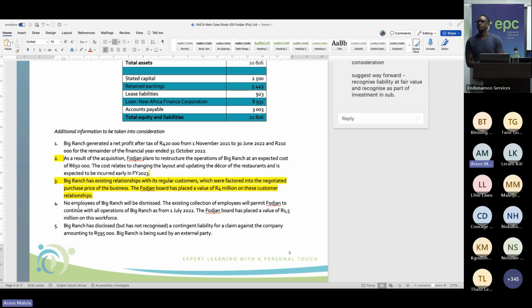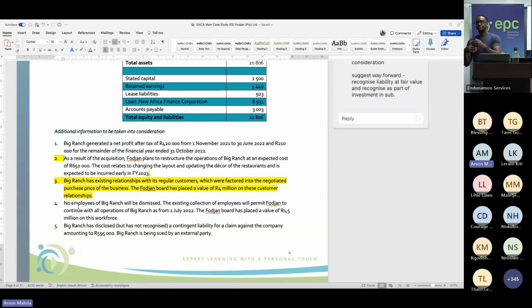In your reflections in the PRI process, you say potentially Big Ranch could have customer lists, and potentially I may need to recognize an intangible asset. That's the principle. And then you say, let me apply it to the extent that I can. There's not much information about the profile, well, maybe there is. I can't recall very specifically.